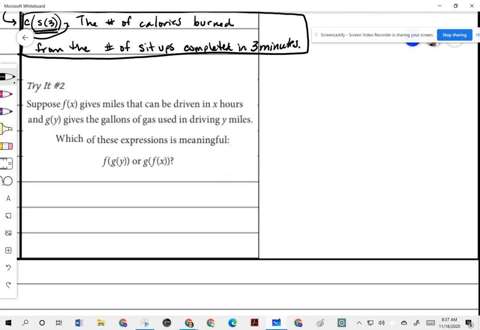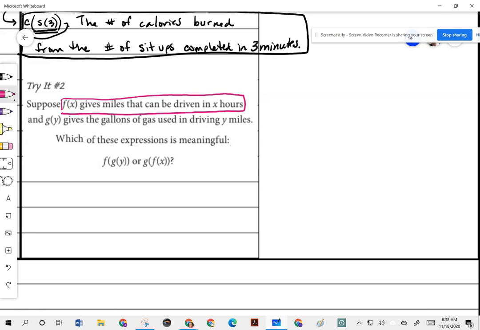Okay, so the first thing you want to do when it comes to analyzing a certain situation is really to make sense of what you're given. So let's color code this a little bit here. So I say, suppose f of x gives miles that can be driven in x hours.